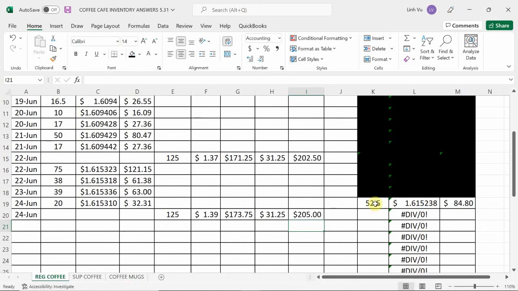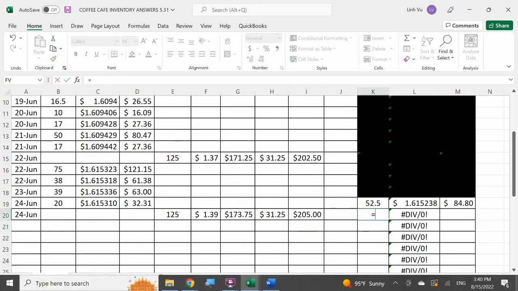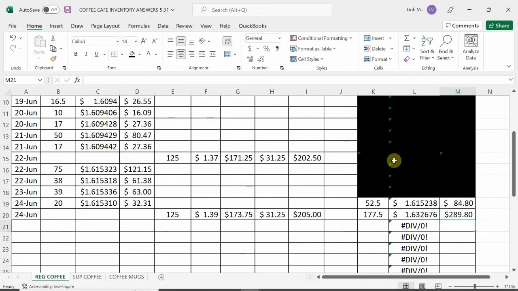This one is moving average, so we just add it in, and it gives us our new total and total cost. So it would be 150 or 177 and a half, and 289.80, and then black out that one.